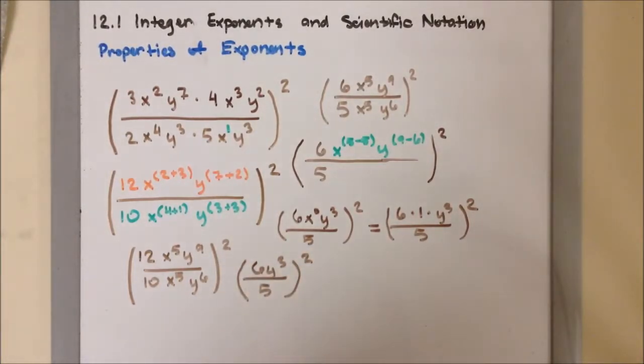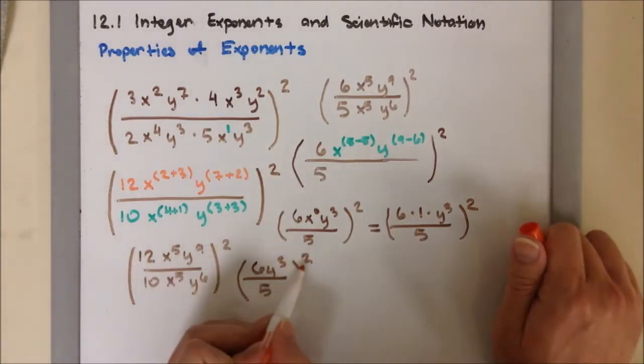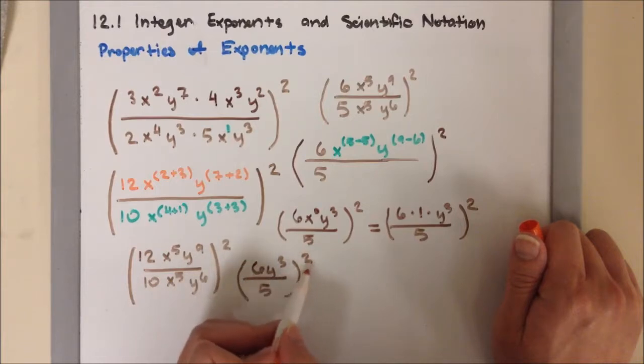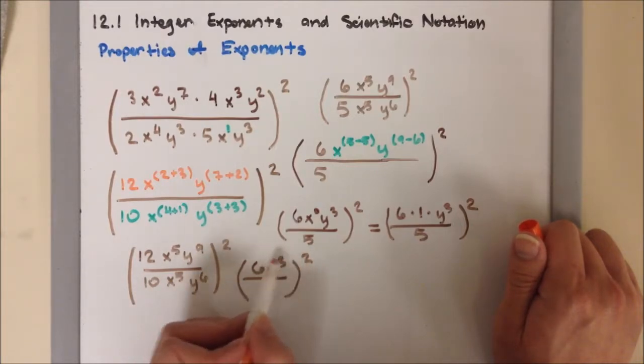Now, once I finish simplifying inside the parenthesis, what we're going to do is work with the square that's outside the parenthesis. So since I have an exponent outside the parenthesis, I'm raising it up to the 2nd power. So what I'm going to do is distribute the exponent to everything inside.